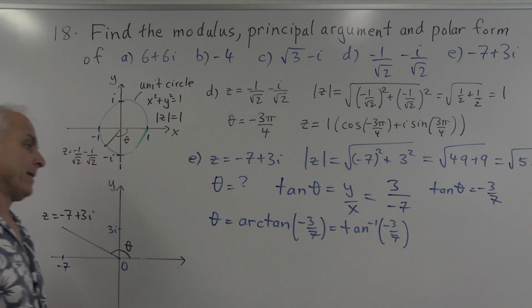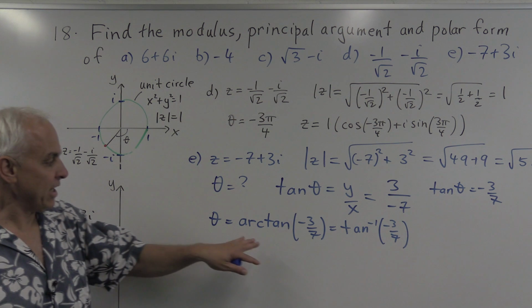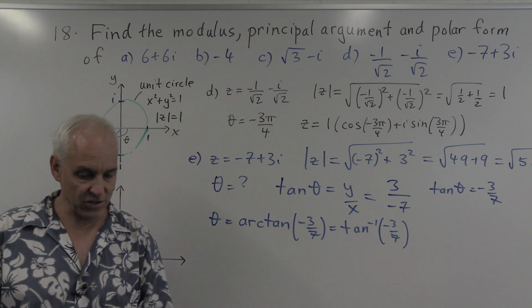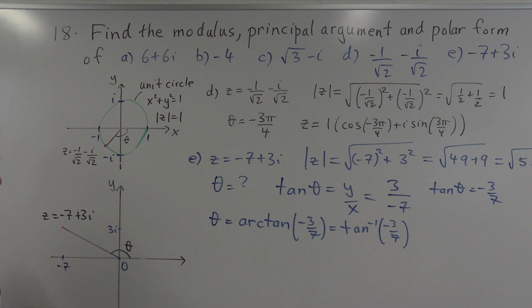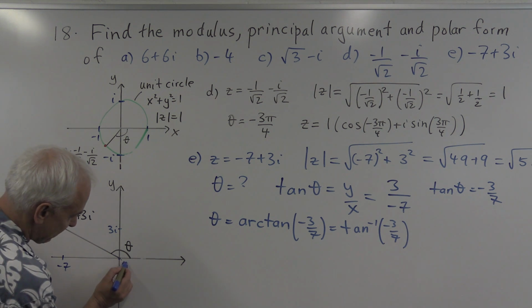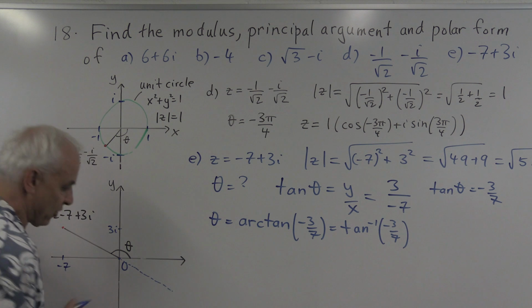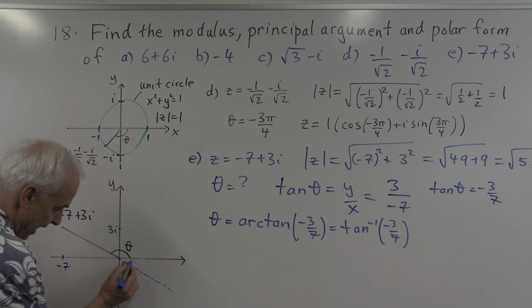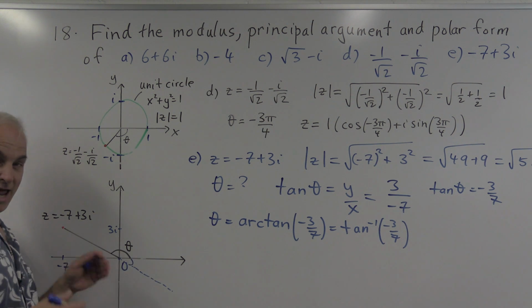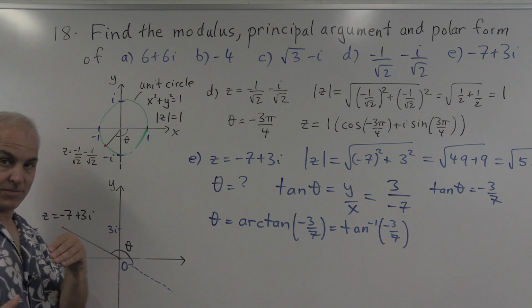But that's only if you interpret these inverse functions in a rather general way. If you actually use your calculator, you're going to have to take into consideration the fact that this other direction over here, this angle here, which differs from this one by pi, will have the same tangent.